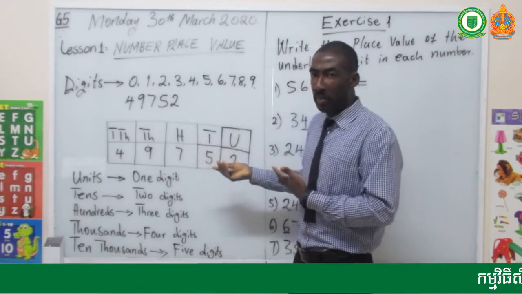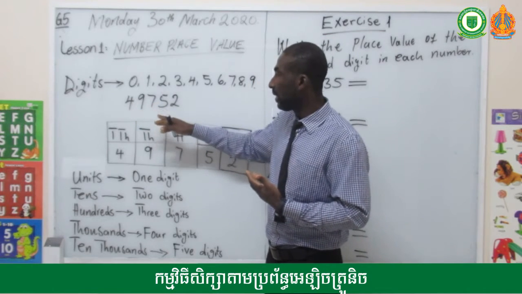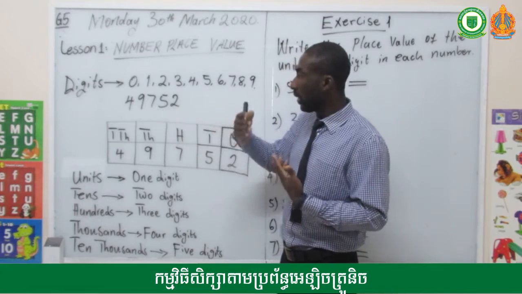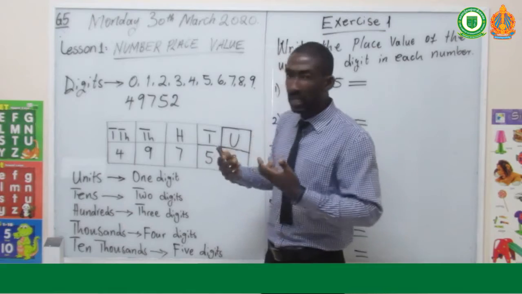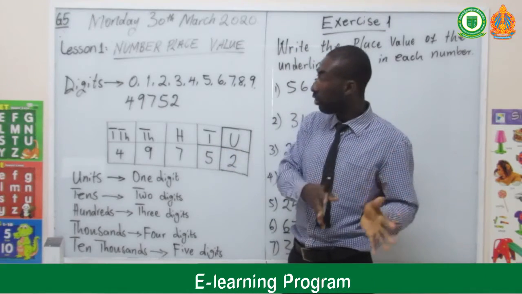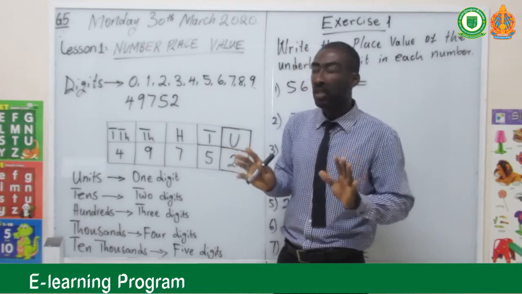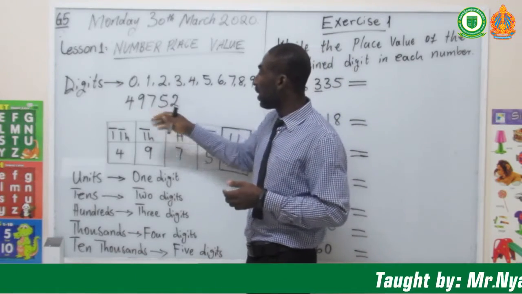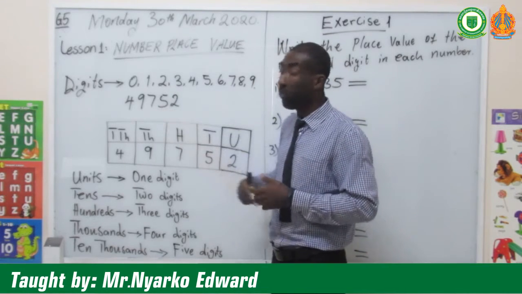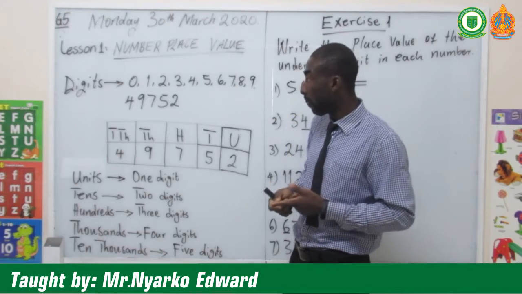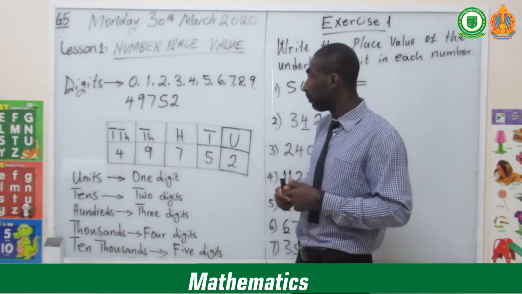As you call the number 49,752, it tells you that the 4 is in the 10,000 column, your 9 falls within the 1,000 column, your 7 falls within the hundreds column, your 5 falls within your tens column, whereas your 2 falls within the units.